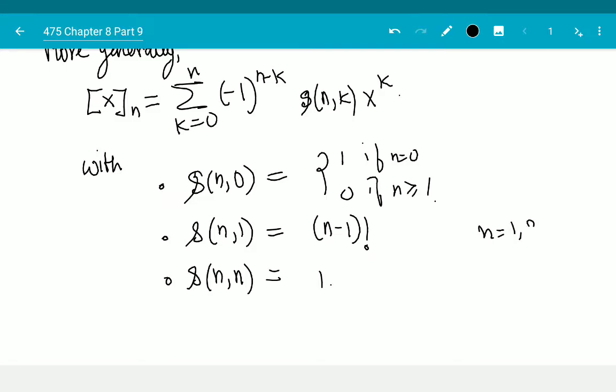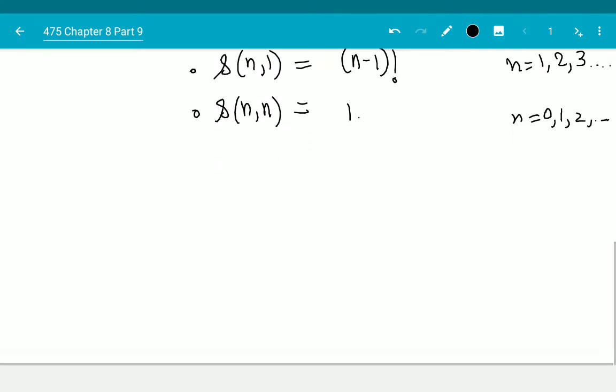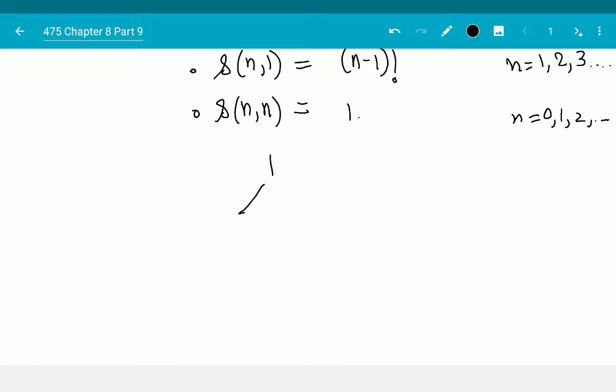Here n is equal to 1, 2, 3, and so on, and n is equal to 0, 1, 2, and so on. Okay, and similar to Stirling numbers of the second kind, we can write them in something similar to a Pascal's triangle. Here the triangle looks like 0, 1.